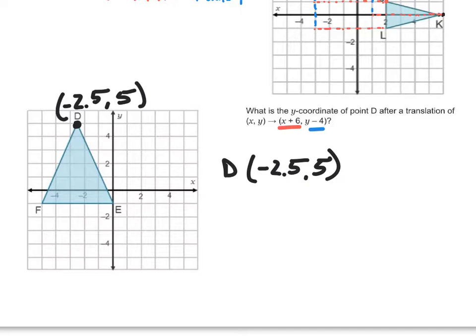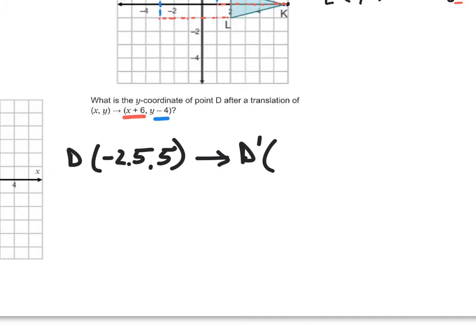And to get my new point for D prime, what I'm going to do is just add 6 to the x value. So I've got negative 2.5, I'm going to add 6 to that, comma, 5 minus 4.